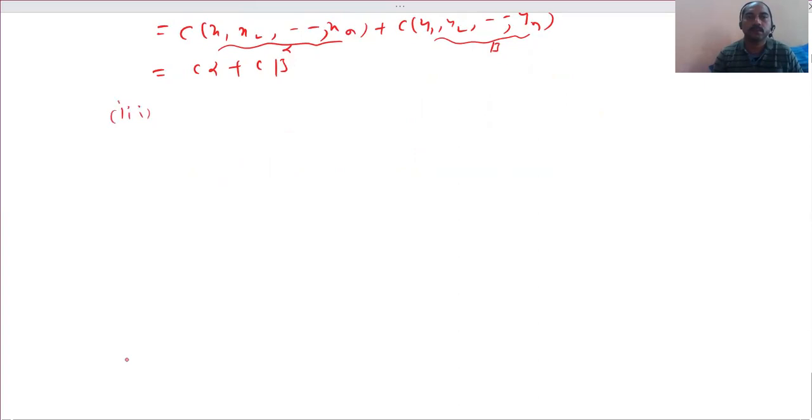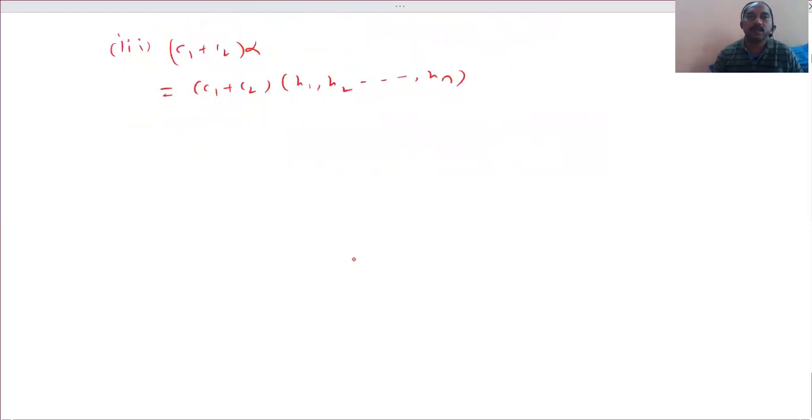Now, second property over. Next, third property: C1 plus C2 times of alpha, where alpha is x1, x2, and so on, xn. Scalar plus scalar is scalar.